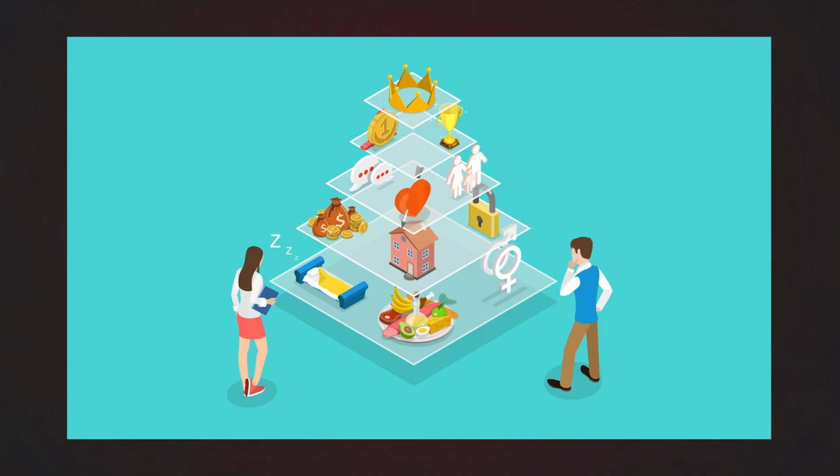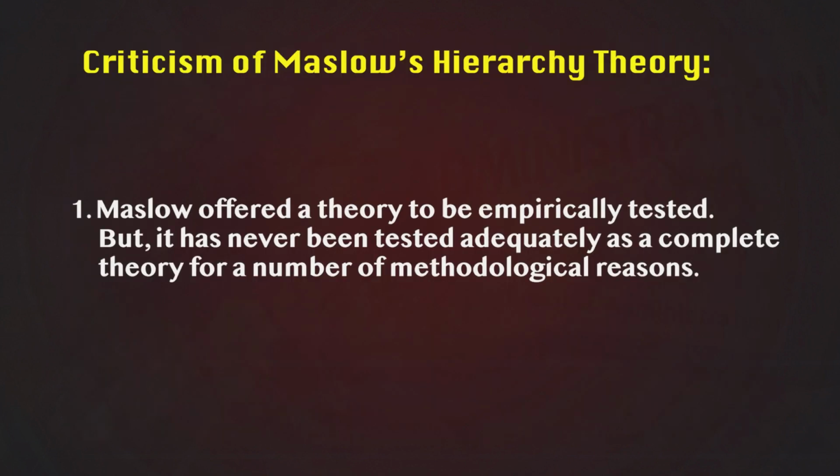There is considerable professional debate about the merits of Maslow's needs hierarchy theory. Some general criticisms have been directed against it. Firstly, Maslow offered a theory to be empirically tested, but it has never been tested adequately as a complete theory for a number of methodological reasons.